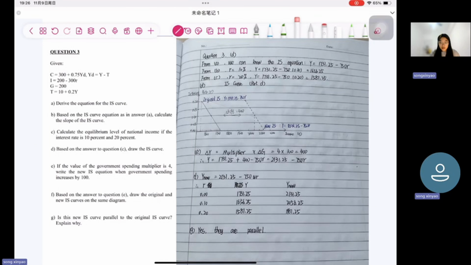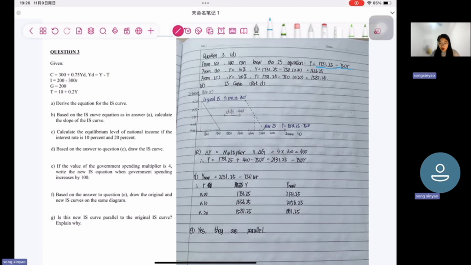Let's see question 3D. From A, we know the IS equation Y equals 1731.25 minus 750R.